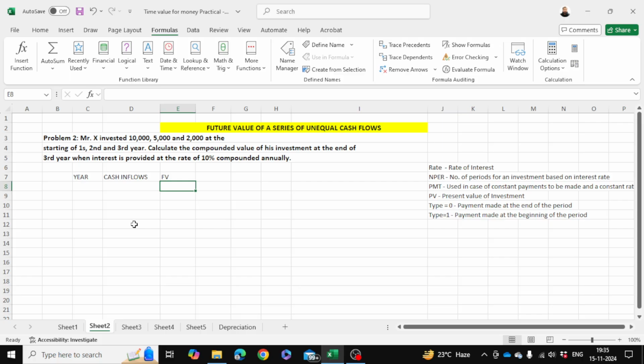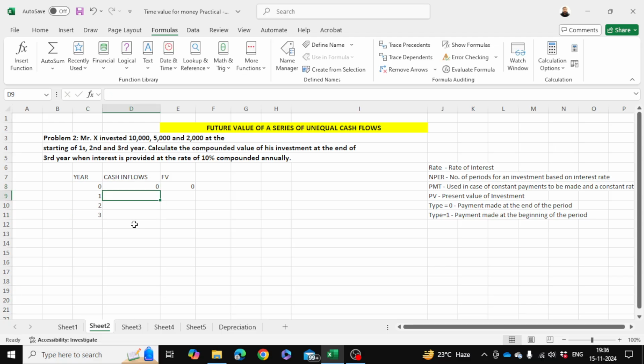So at the end of each year you will be calculating the future value, and you can sum the total future value and you will get the answer. Okay, so initially I am taking 0 0 0, right? In the 0 year there is no cash flow and no future value, so that's why I have used it. So okay, next, how many years are there? 1 2 and 3, right?